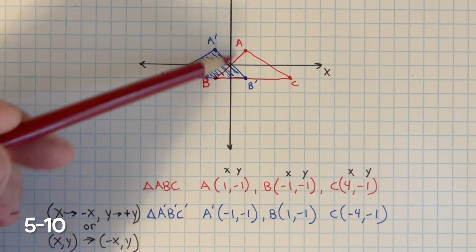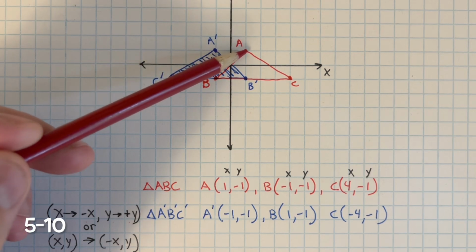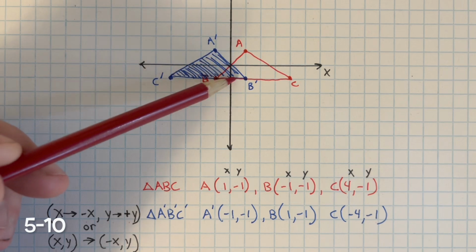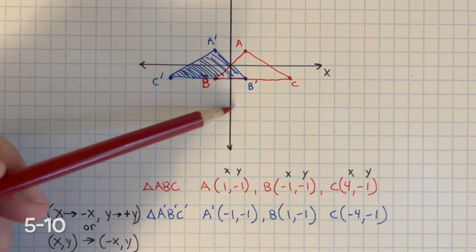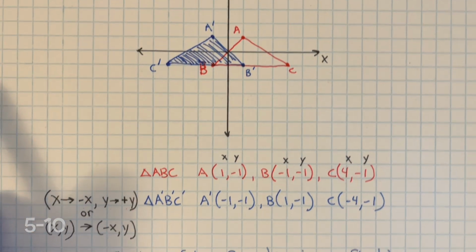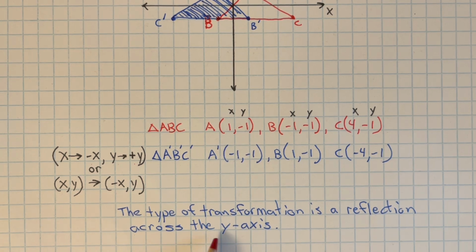Well, this is a reflection. You can see that each A to A prime are equidistant. C to C prime are both equidistant from the line of reflection, which is the y-axis. So the type of transformation is a reflection across the y-axis.